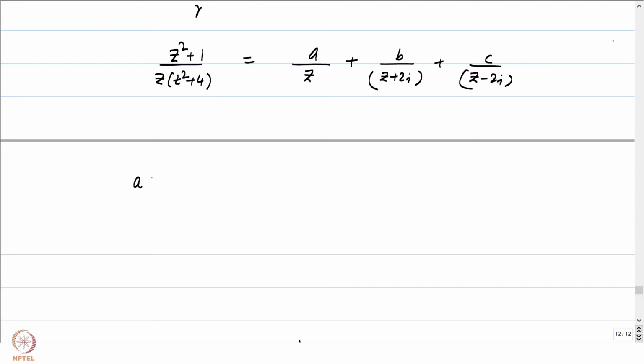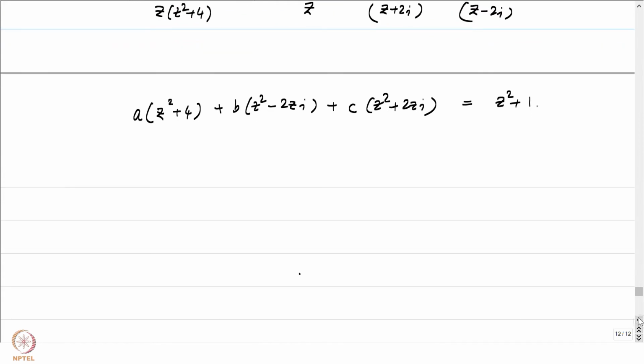We get that a(z² + 4) + b(z² − 2zi) + c(z² + 2zi), away from the points 0, 2i and −2i, is going to be equal to z² + 1.